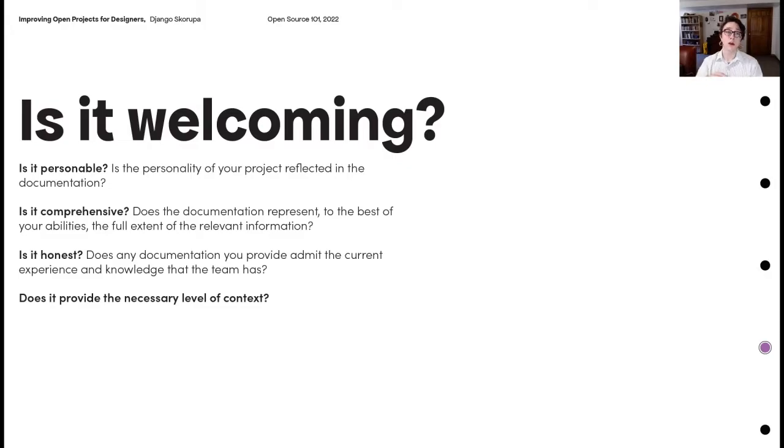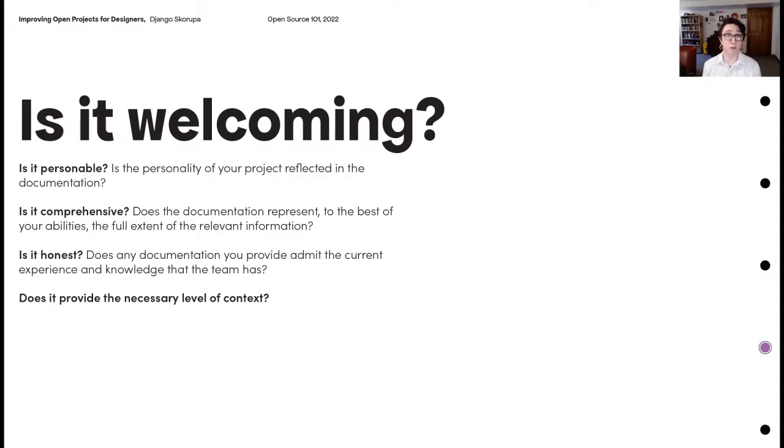Right? Is the personality of your project reflected in your documentation? In other words, is it personable? I'm not saying, is it fun? Is it quippy? Is it pithy? Now that might be the personality of your project, at which point, is it fun? Is it quippy? Is it pithy?